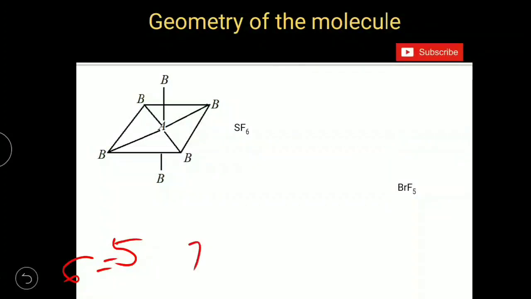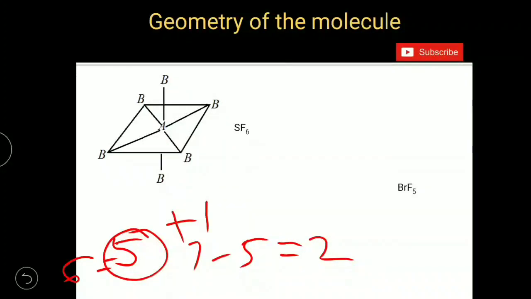Out of 7, 5 electrons are involved in bond formation. So you got 2 electrons remaining, which is equal to 1 lone pair. Sigma bonds equal to 5 and lone pair equal to 1. So steric number is 6. So shape of the molecule should be octahedral.